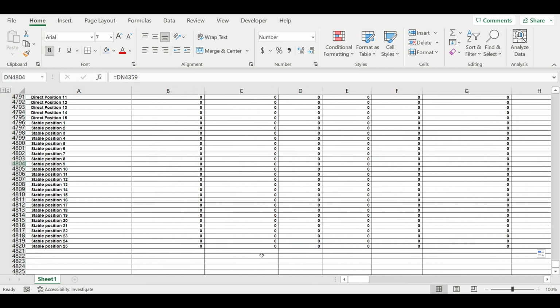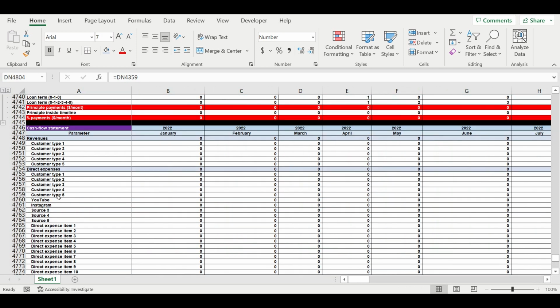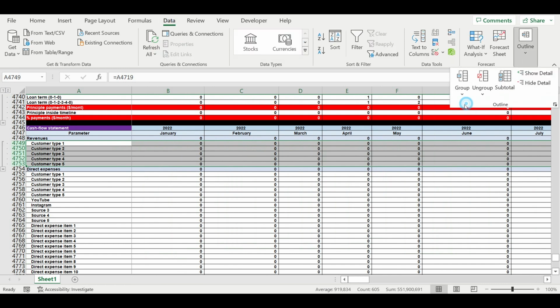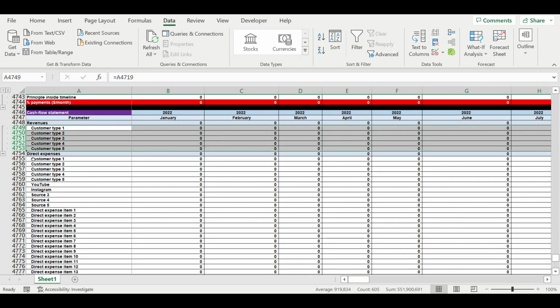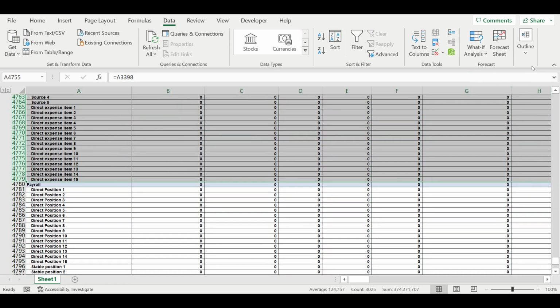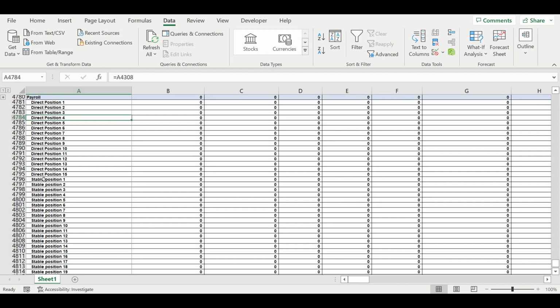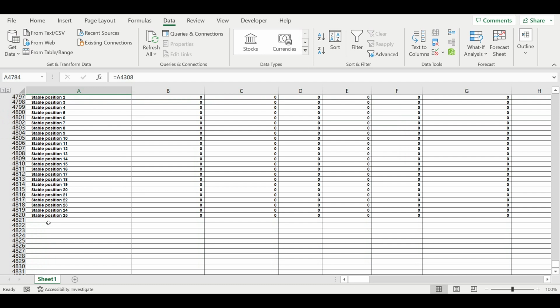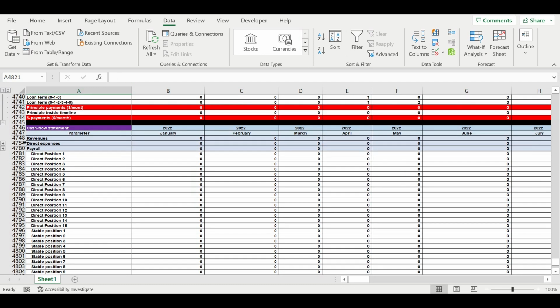Then, let me by the way group the data with Data, Outline, Group. Then we are moving to fixed expenses.